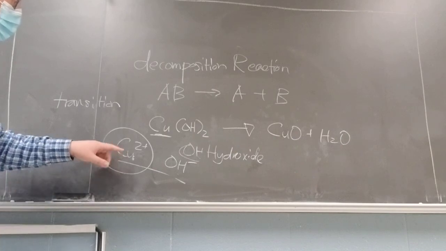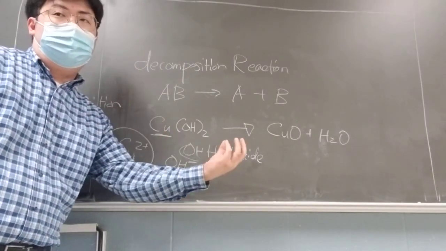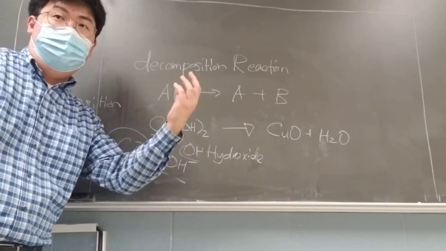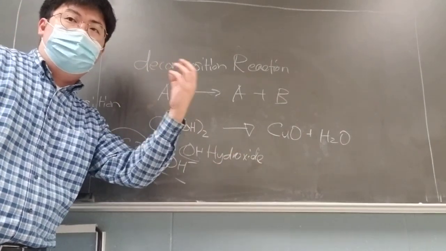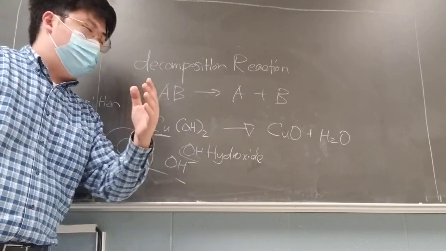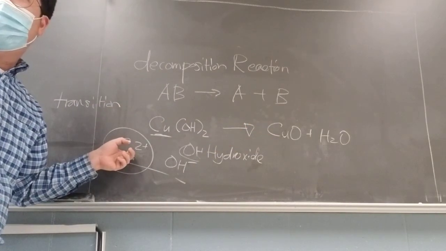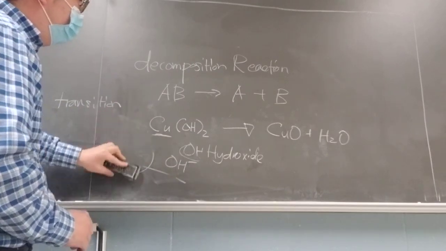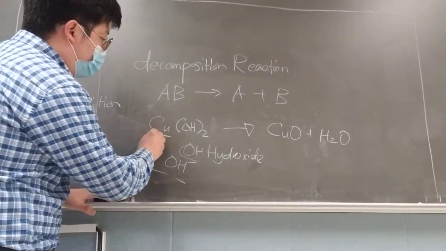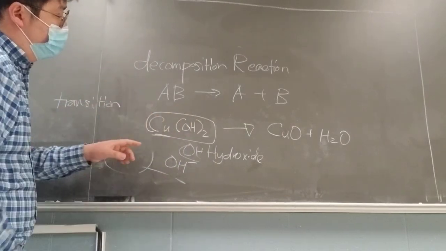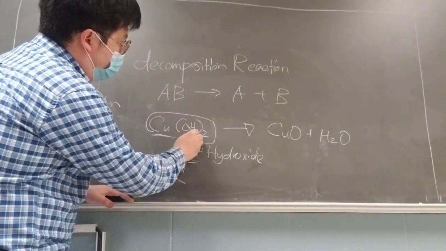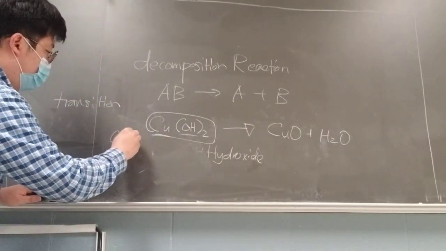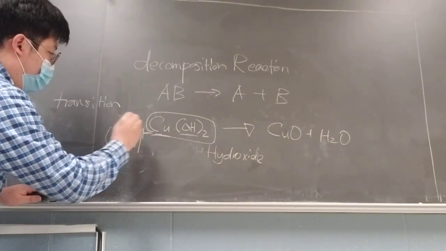If you just name this one copper hydroxide, people will not know if it's copper 1 plus hydroxide or copper 2 plus hydroxide, because copper can do both. Does it make sense? In this case, we know the charge of the copper by looking at the formula, because the hydroxide anion usually only carries 1 minus.